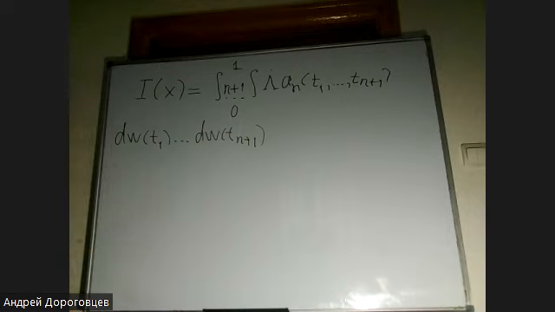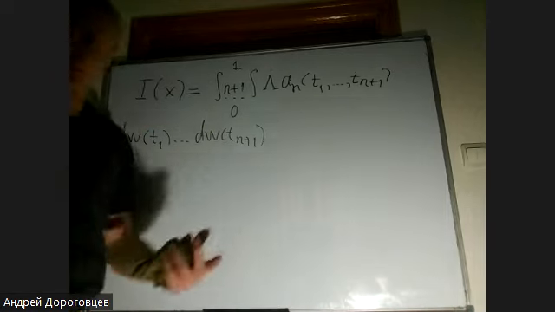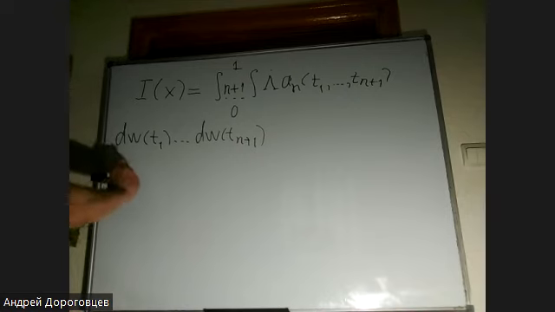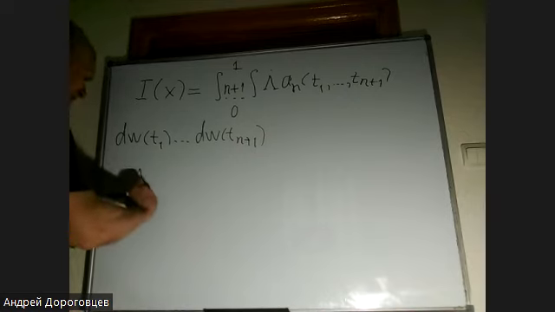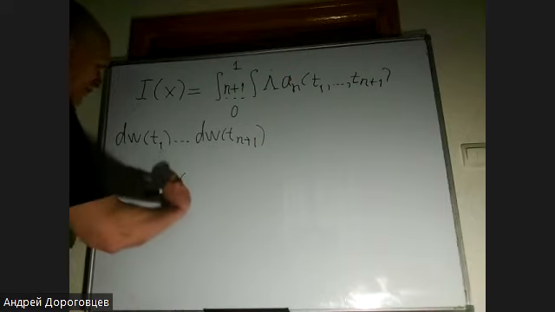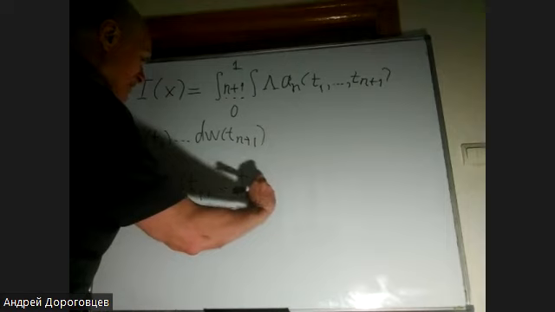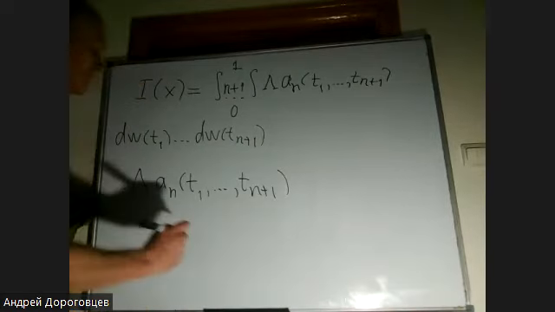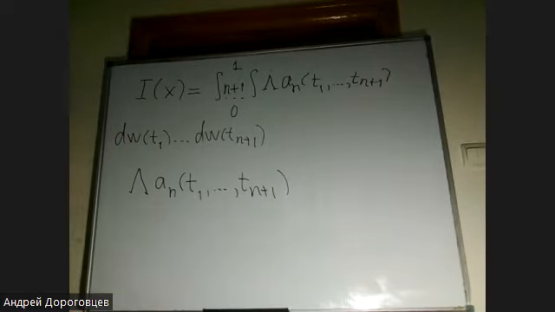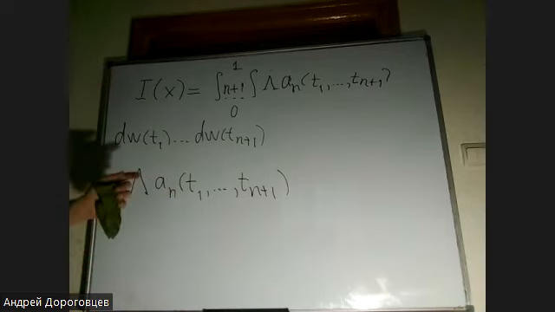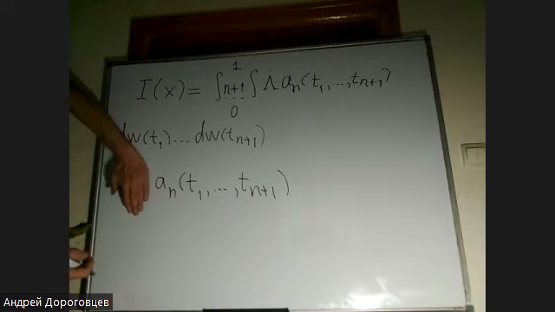Before we study its expectation of the square, we have to write what is lambda a_n. What is lambda a_n explicitly? So let me do this. Lambda a_n of t1, ..., t_{n+1}. What is it? We must make the symmetrization of the kernel a_n.